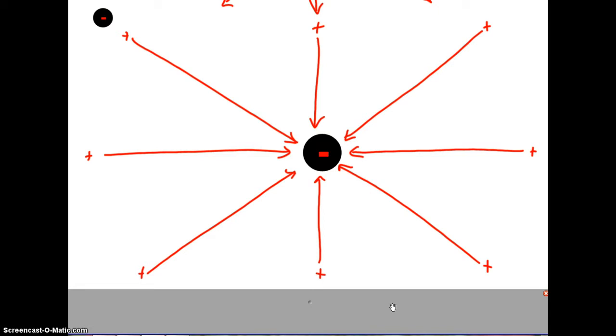We draw our 8 test charges, and we draw what would happen. This electric field map is opposite of the one we just previously drew. Lines are straight, but arrowheads are pointed in the opposite direction.